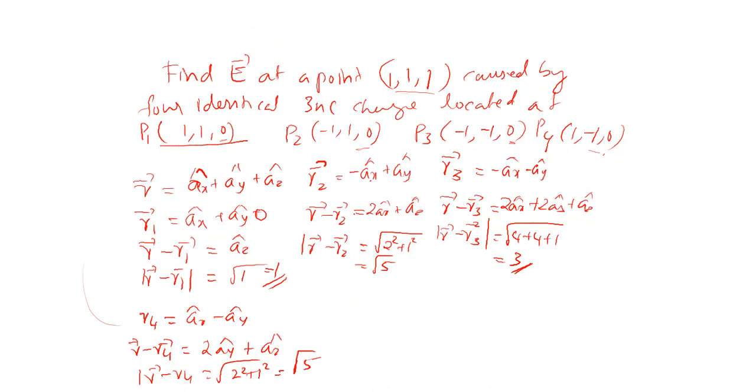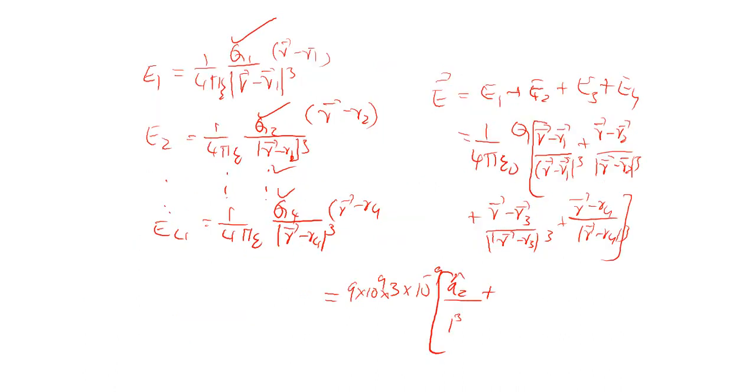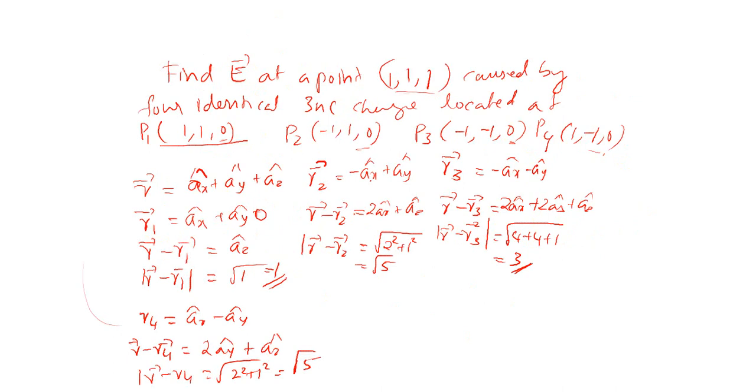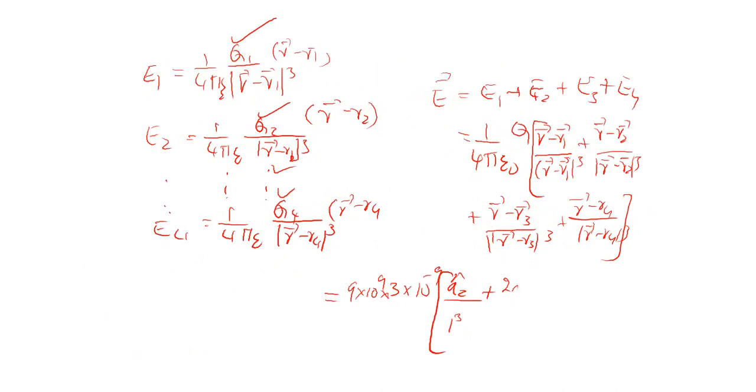So r minus r2 is 2ax cap plus az cap divided by root 5 cube.